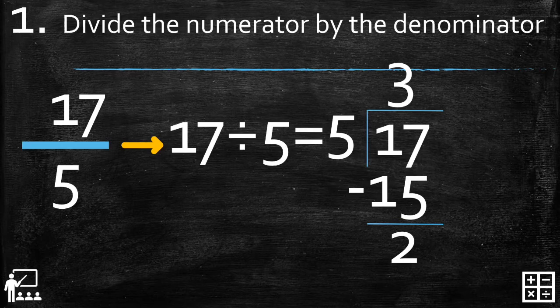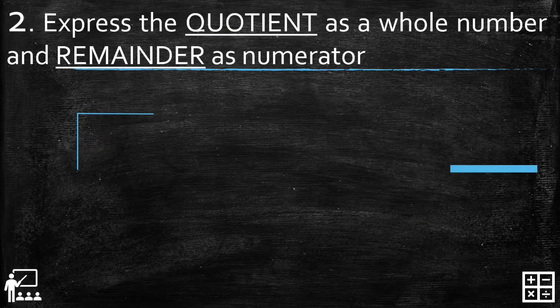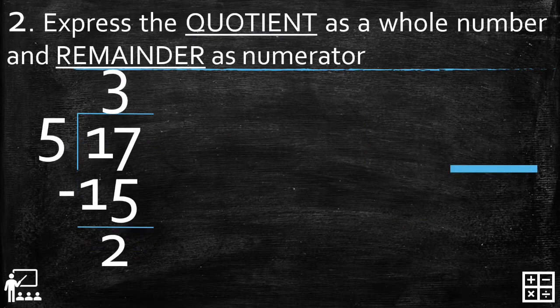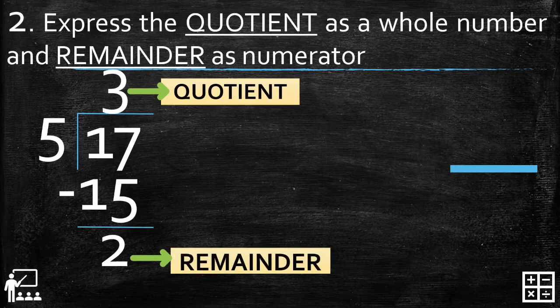So let's proceed to step 2. As you all know, on step 2 we're just going to identify where the quotient and the remainder are on the number sentence. The quotient on this number sentence is 3 and the remainder is 2. We're just going to express it as a fraction.